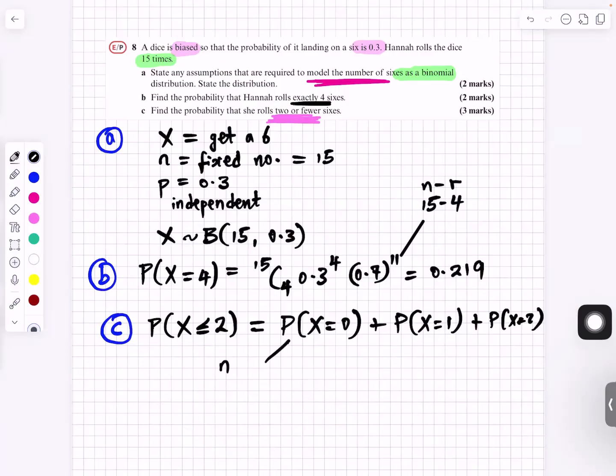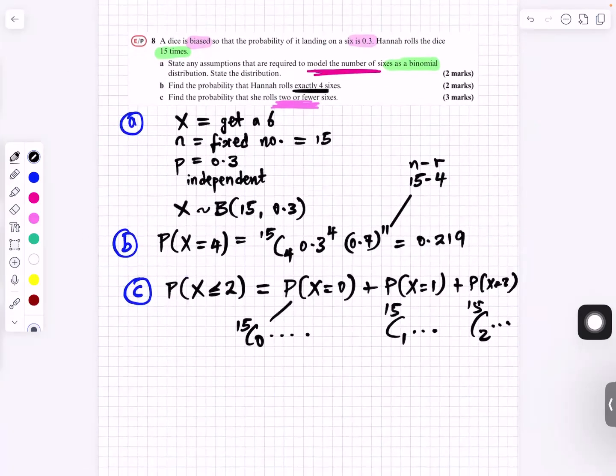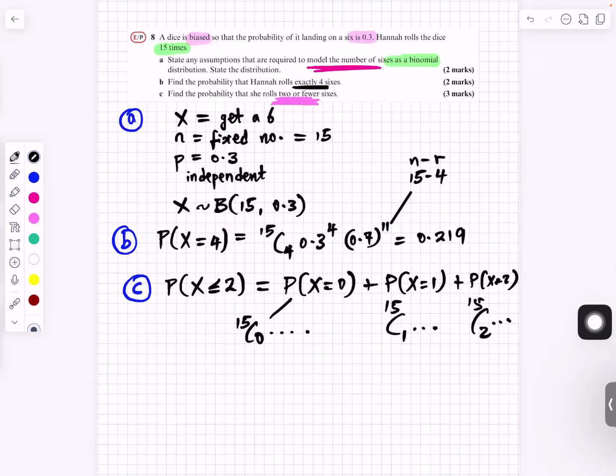Now, you can do each one separately if you use the formula. You will use 15C0 and work it out. You do 15C1 and work it out. You do 15C2 and work it out. And then after, you add the answers. But now with a calculator, your calculator has less than or equal to, does it?